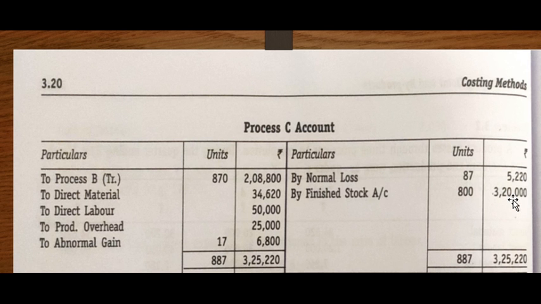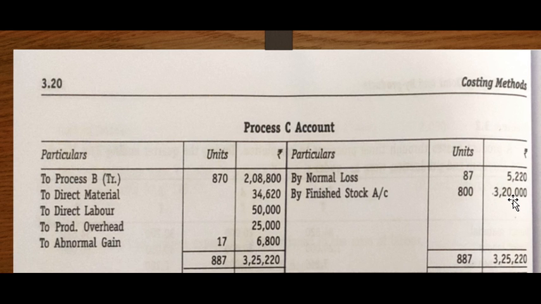Number of units introduced is 870, minus normal loss units 87, which will give you 783. So the numerator is 3,13,200 and the denominator is 783. 3,13,200 divided by 783 will give you 400. So it is rupees 400 per unit.